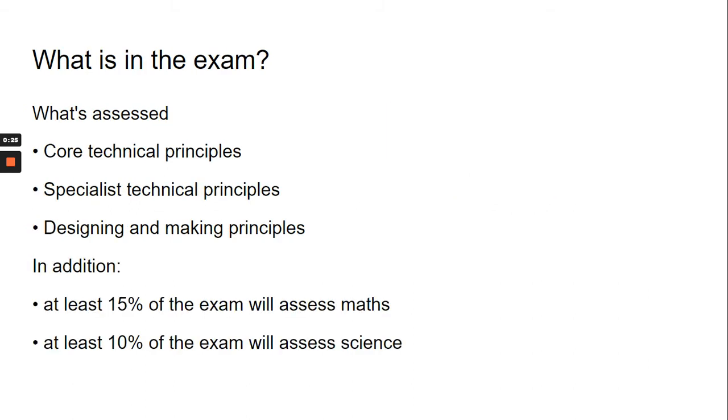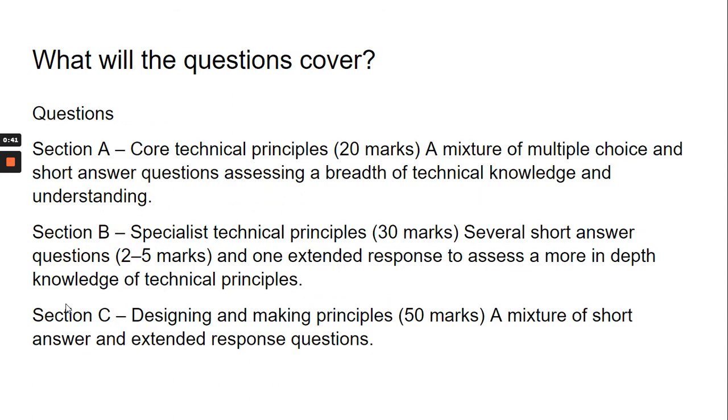The exam is all about core technical principles, specialist technical principles and designing and making principles, all set within the context of design technology, but it also will assess 15% of maths and 10% of science skills. The core technical principles are a mixture of multiple choice and short answer questions on breadth of understanding of a lot of different material areas, and we'll look at those in a little bit more detail later on.